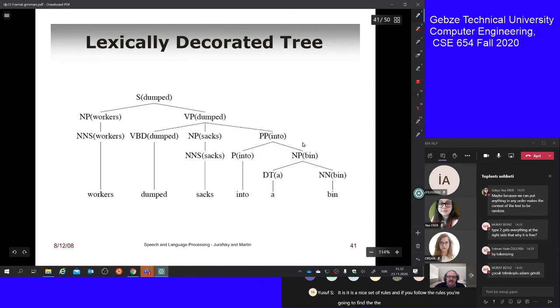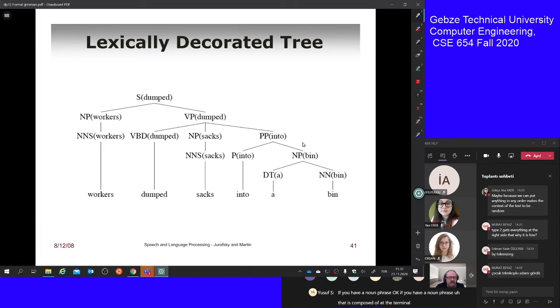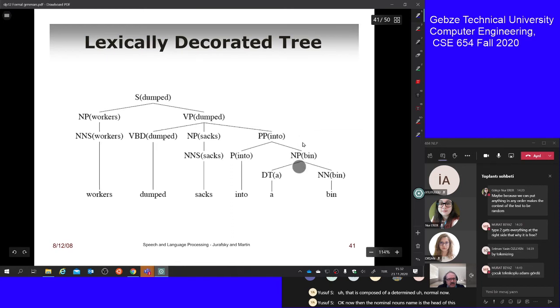of the tree. For example, here, workers dumped sacks into a bin. Okay. If you have a noun phrase that is composed of a determiner and a nominal noun, then the nominal noun is the head of this noun phrase. Okay.